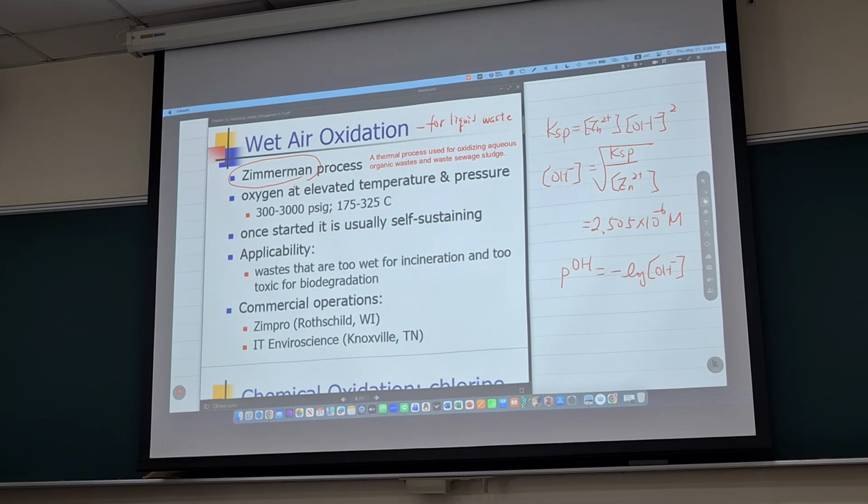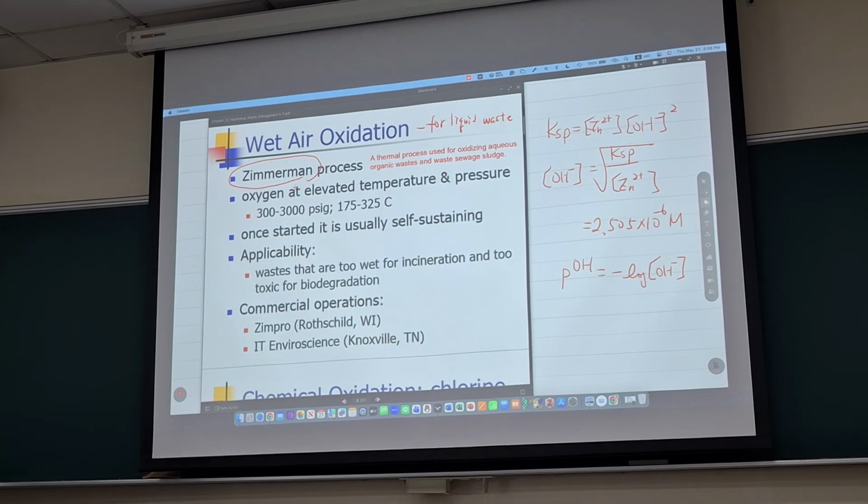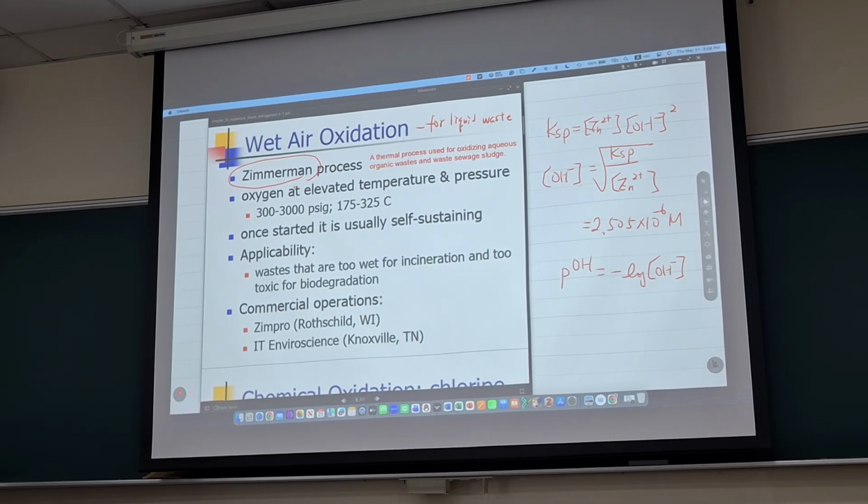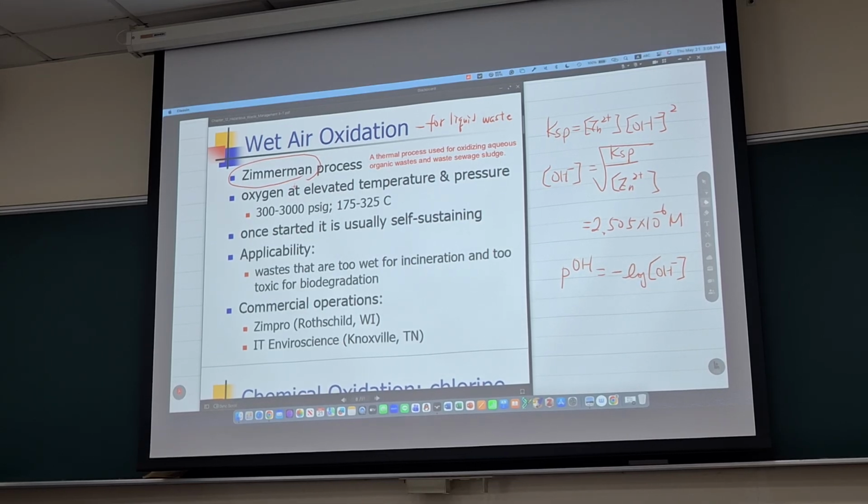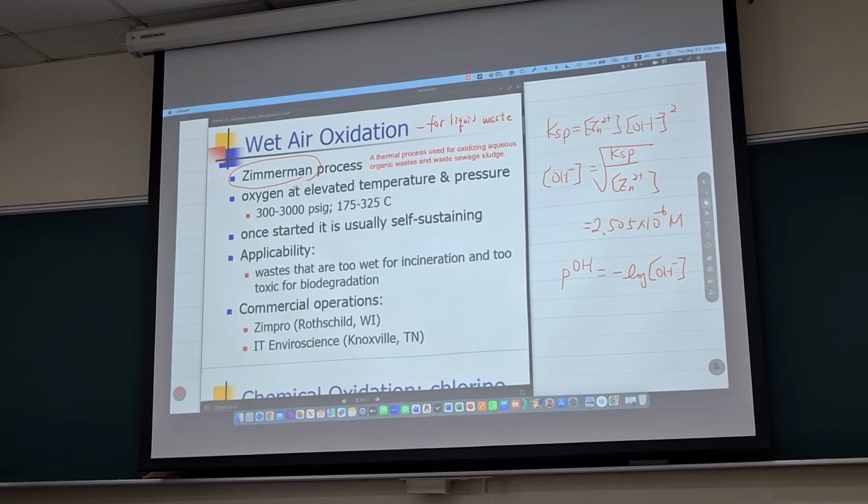The Zimmermann process is the thermal process used for oxidizing aqueous organic waste and waste sewage sludge. He used oxygen at high temperature and high pressure to oxidize organic pollutants. So high temperature, high pressure.